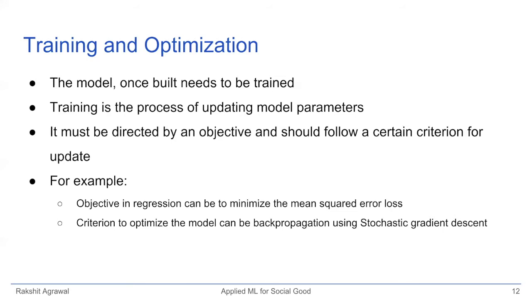But to get an idea, just assume that backpropagation is an algorithm which knows, given a loss, how to update the model, right? So once you have provided it the target and the prediction and the distance between them, which we refer to as loss, you are able to update your model.